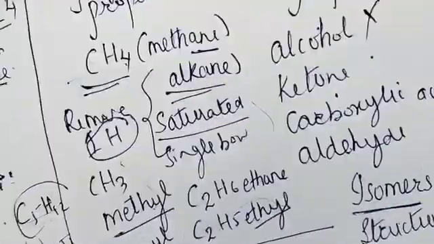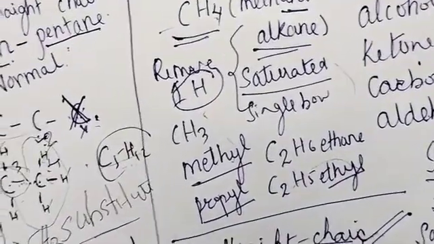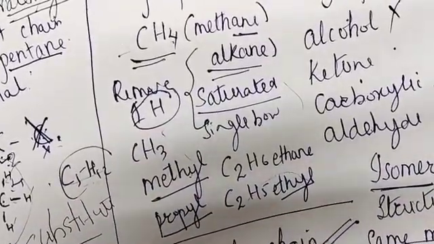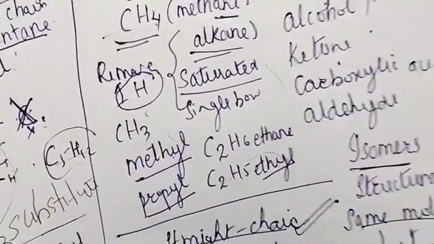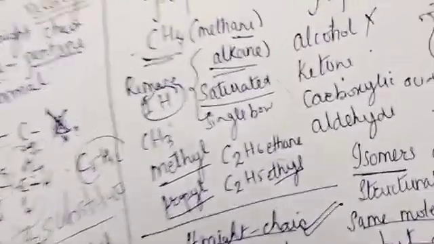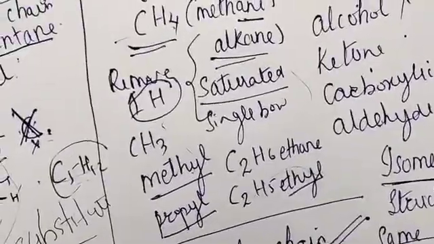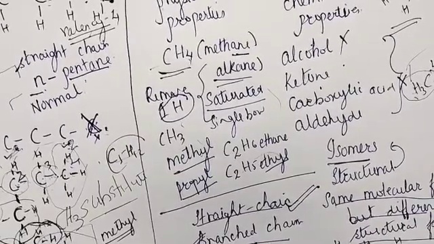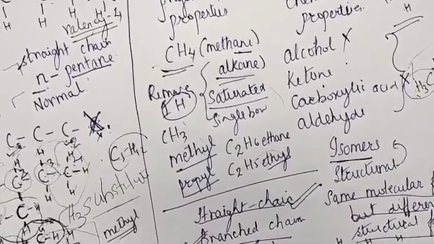Okay. So this we have done today is about the isomers. Okay. So what all we did, let me just give you a little brush up, a little summary about whatever we have done so far. Okay.